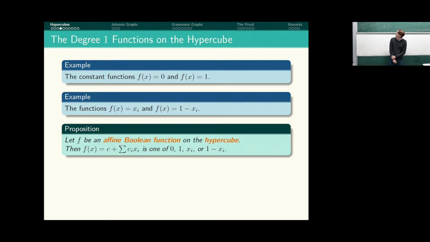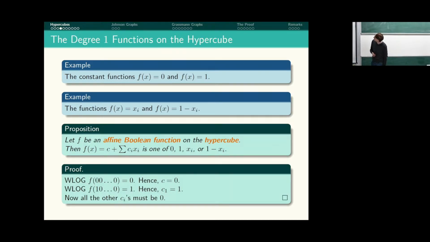We can show that on the hypercube, it must be one of these. And the proof is very simple. Some people claim in each talk you give, you should include at least 1 proof. And here I include kind of a proof. Without loss of generality, we can assume that for the all 0 vector, we get 0.